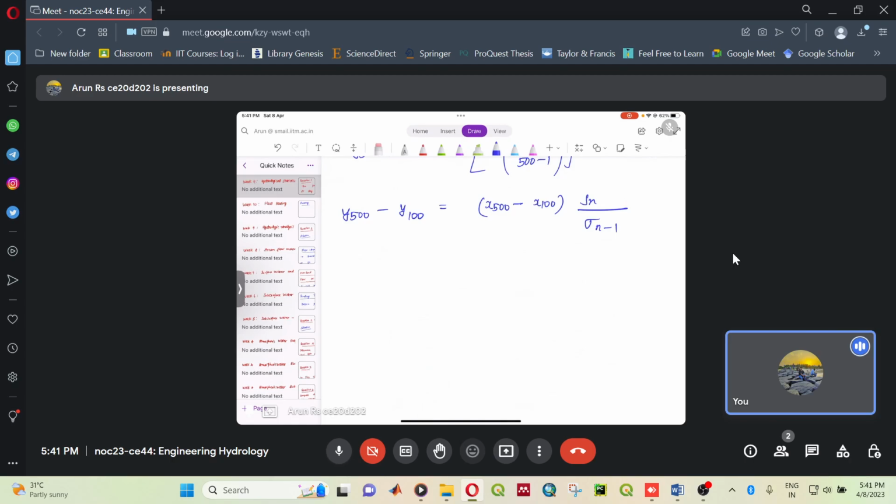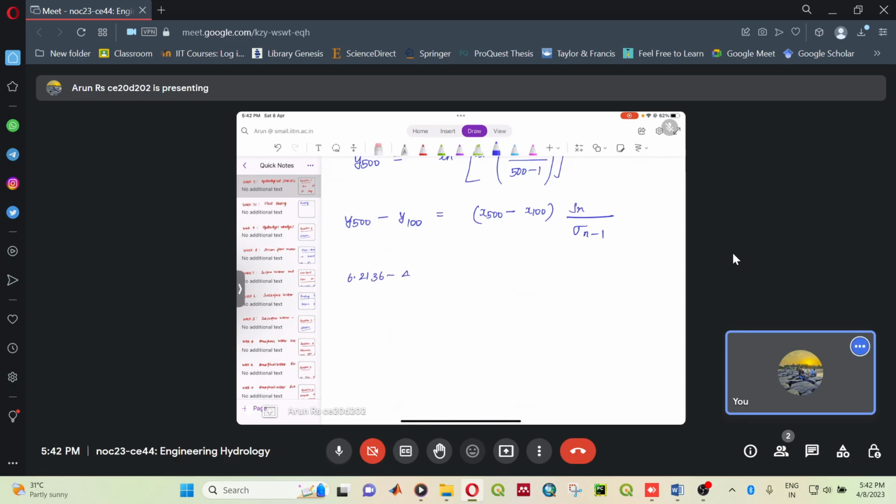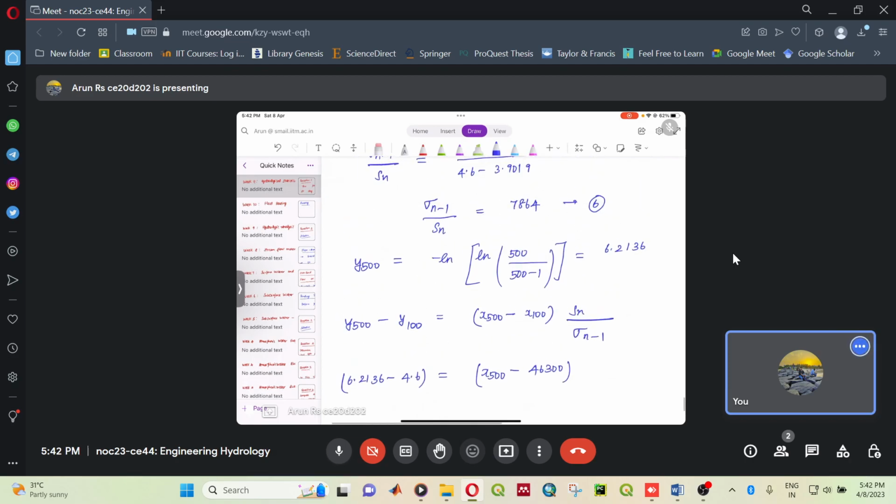So y500 minus y100, we can find out the value. 6.2136 minus 4.6 should be equal to x500 minus x100, which is 46,300, and sigma n minus 1 by Sn, we found it as 7864.